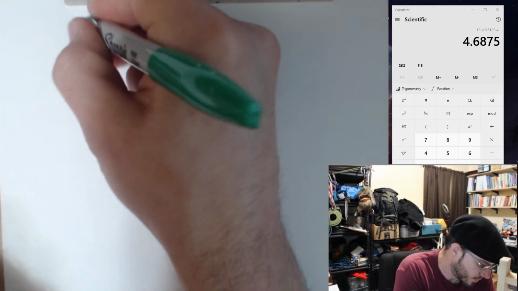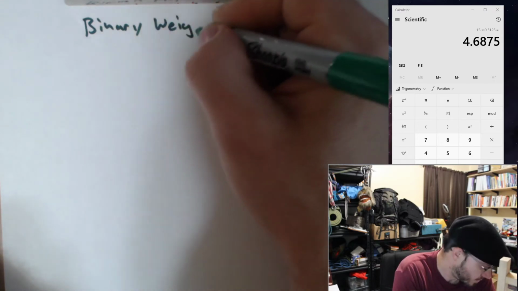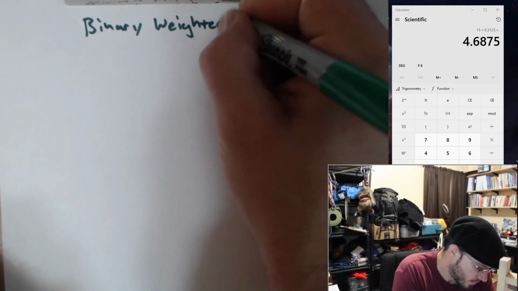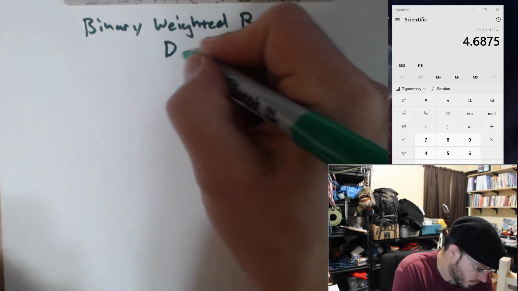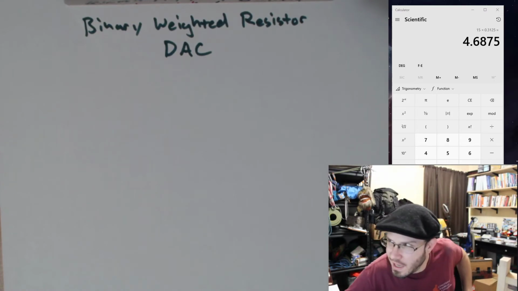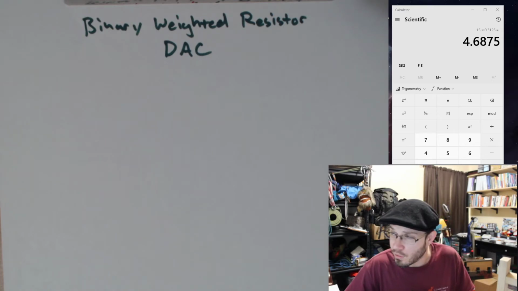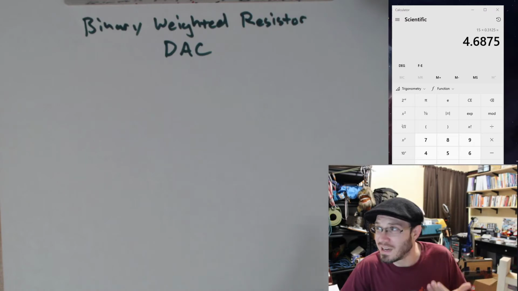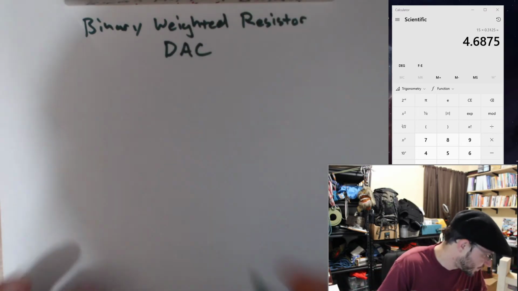Let me pause. For a binary weighted resistor DAC, the idea is pretty simple. We're going to take each one of our digital inputs and use one resistor for each digital value, and we're going to change the resistance in order to weight that one bit of information.